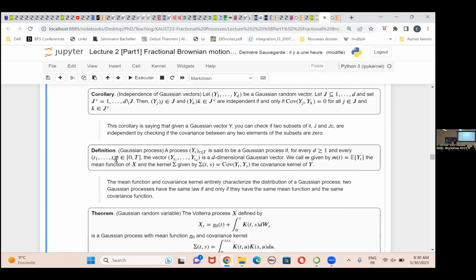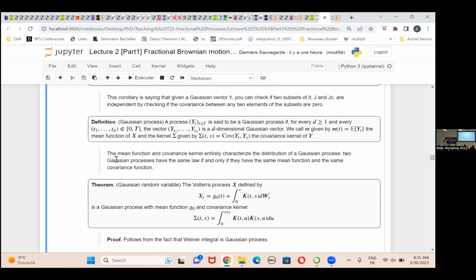A Gaussian distribution is entirely determined by its mean and variance. A Gaussian process, which is infinite dimensional, is entirely determined by its mean function m(t) and the covariance kernel, which is given here.